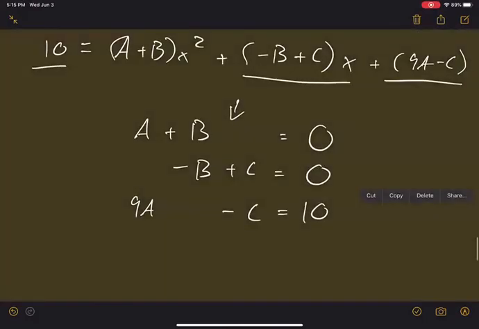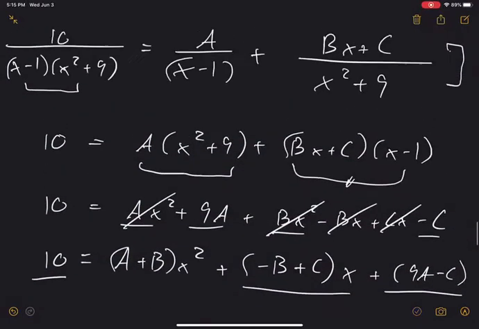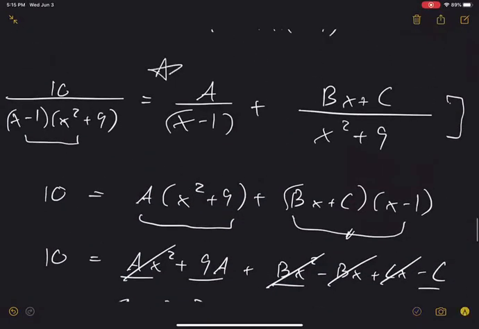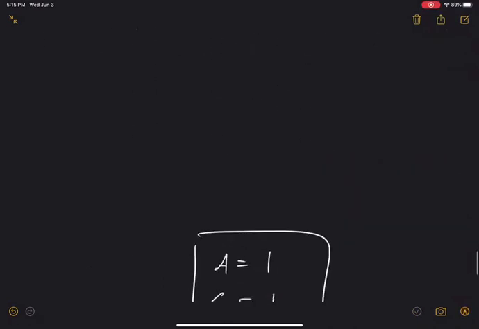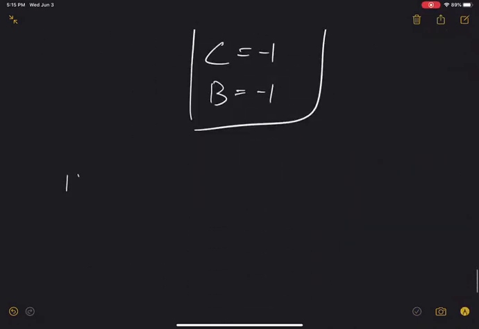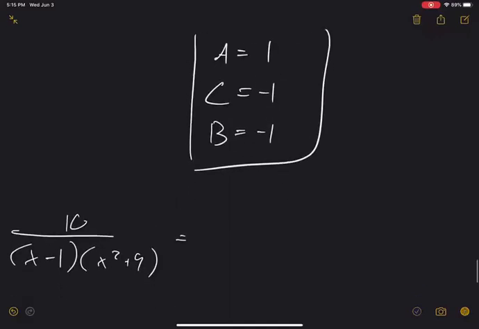All right. So now, let's see where, so I can now plug my a, b, and c into this thing. Okay. So I had 10 over (x plus 1)(x minus 1). So my original thing is going to equal a over x minus 1. I now know that a is 1.